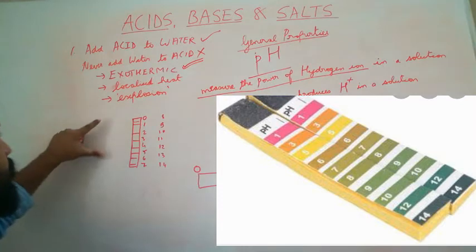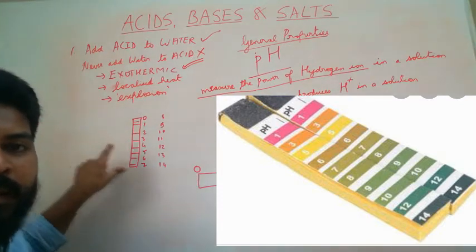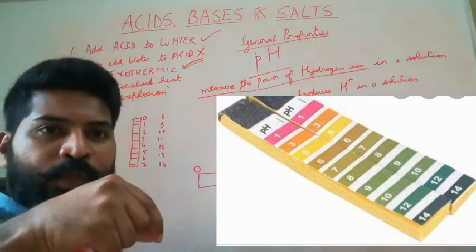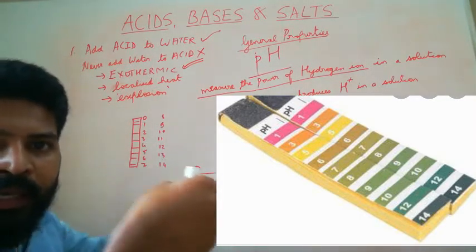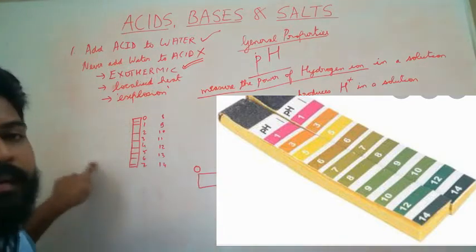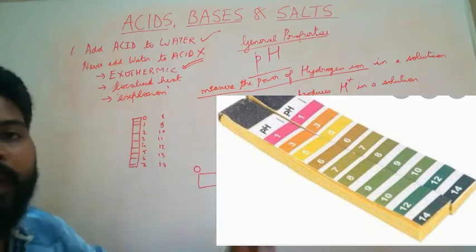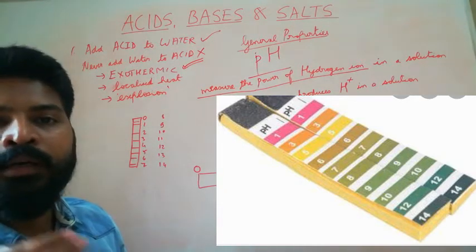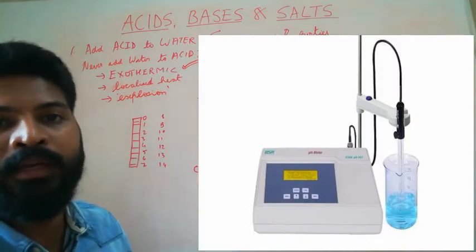There will be a standard pH paper with particular colors. We can dip the pH paper into a solution. Whatever color we get on the pH paper, we can compare it with the standard strip and it will give us a particular number. If you want an accurate number, as I told you, we have to use a pH meter.